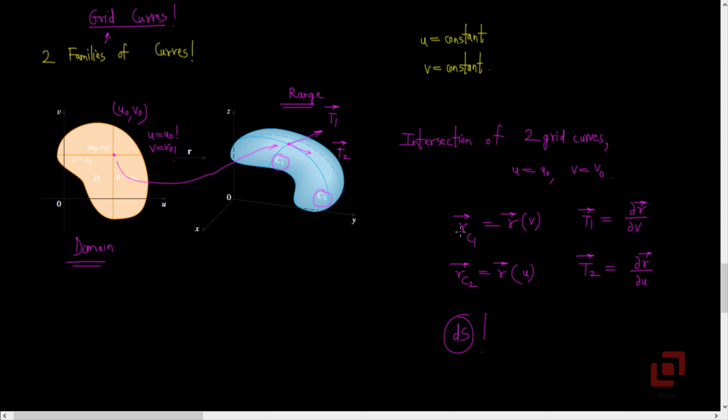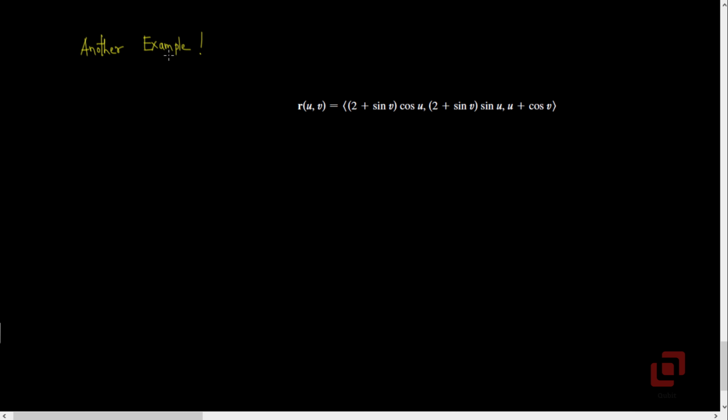The other important thing to be noted is that if we partially differentiate r bar with respect to v and with respect to u, then we will get two tangents at the same point, one of them to the curve C1 and the other one to the curve C2, which are the grid curves which intersect at the point under discussion. We'll discuss another example to understand the concept of grid curves better.